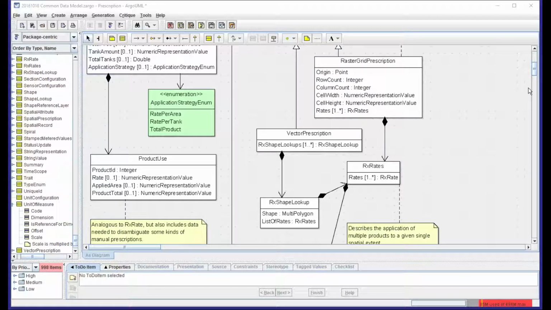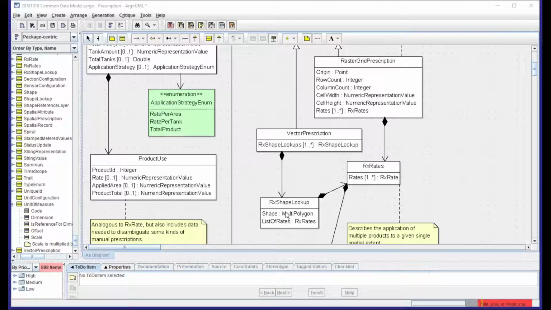So if instead of thinking about the prescription as somewhere where you have 5 different levels and multiple geometries that correspond to each level, you want to deal with different little shapes separately, instead of having 5 multi-polygons for 5 levels, you could have one of these shapes for each one of those areas. So let's say you had 5 levels and 6 different places in the field where you're applying each one of those levels.